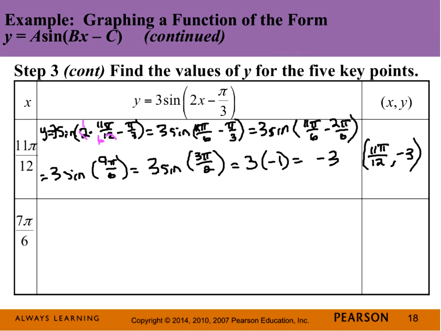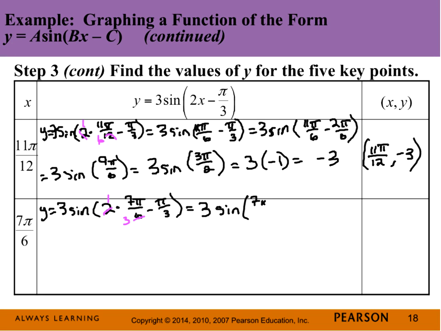And the last one. Y equals 3 times the sine of 2 times 7 pi over 6 minus pi over 3 equals 3 times the sine. I'm going to reduce again here before I multiply. 2 goes into 2 once and into 6 3 times.